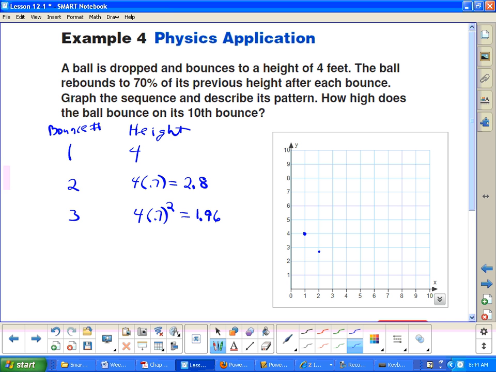All right, so okay. Then to get to the fourth bounce, we multiply by 0.7 again, right? So it's going to be 4 times 0.7 to the third power.